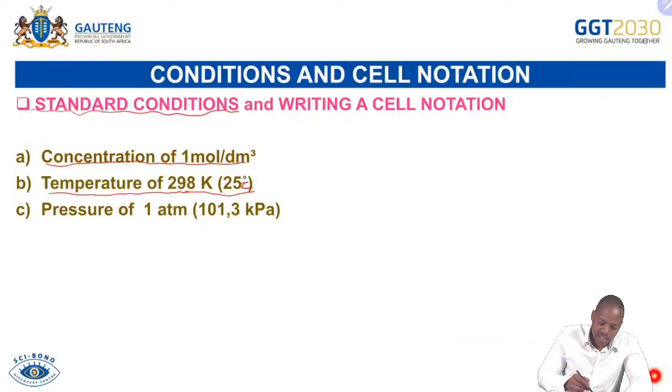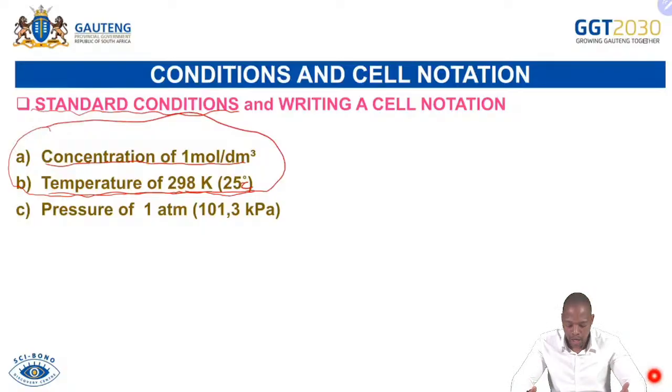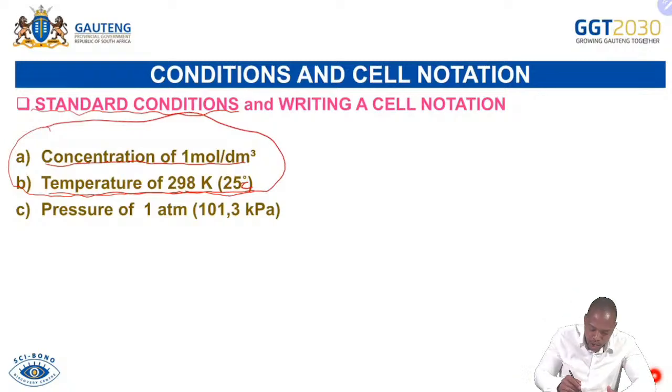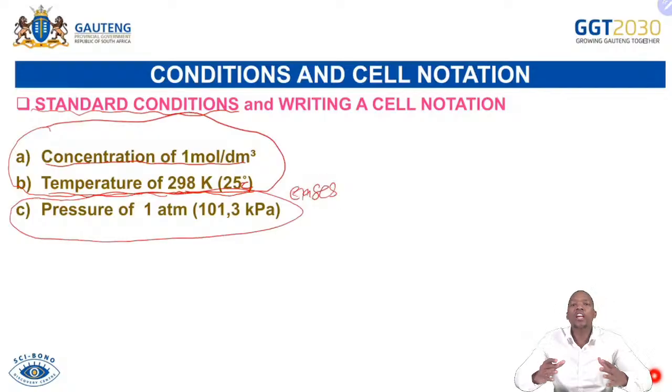Okay, these are the ones that you must meet in most of the galvanic cells. In most of the galvanic cells, you must meet the issue of 1 mole per decicubic meter concentration and the issue of temperature of 298 kelvins. Now, the third one must be a condition that is met if we are dealing with gases. If one of the electrodes is a gas, then you can talk about the third one.